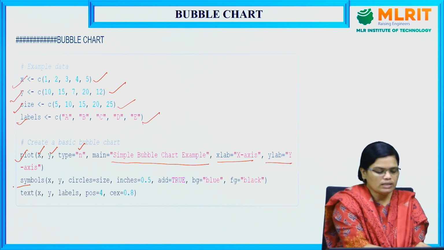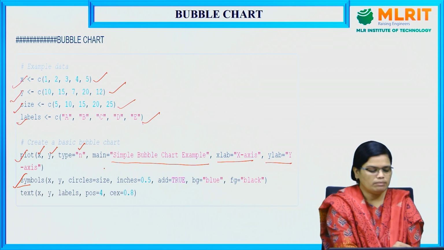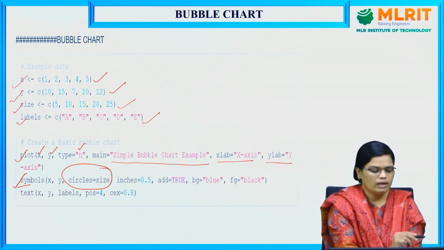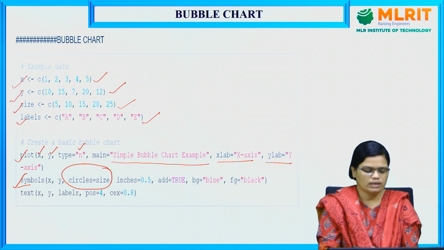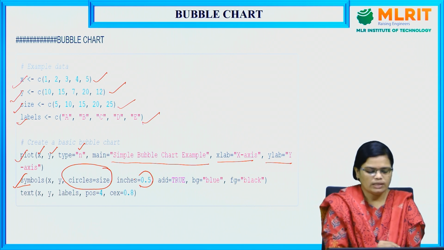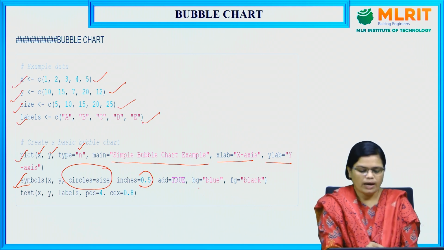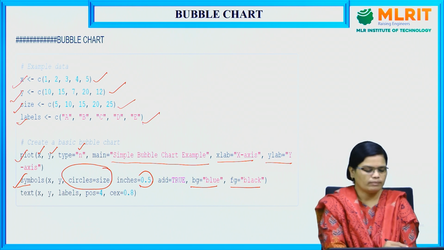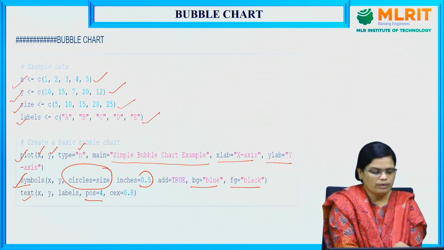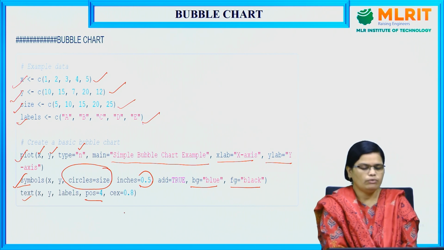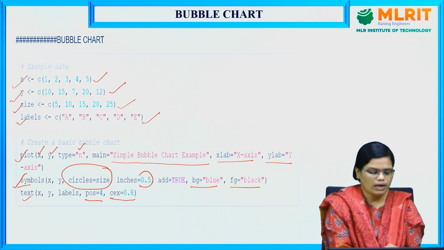Here, for the symbols, we are selecting circles, and we are selecting the size 0.5, the background color blue and the foreground color black. For the text, we are selecting the pos value 4 and the cex value 0.8.